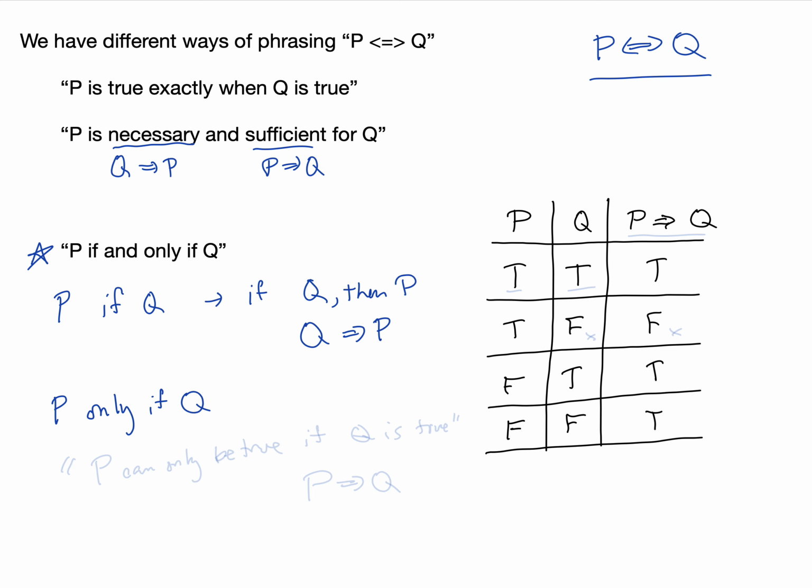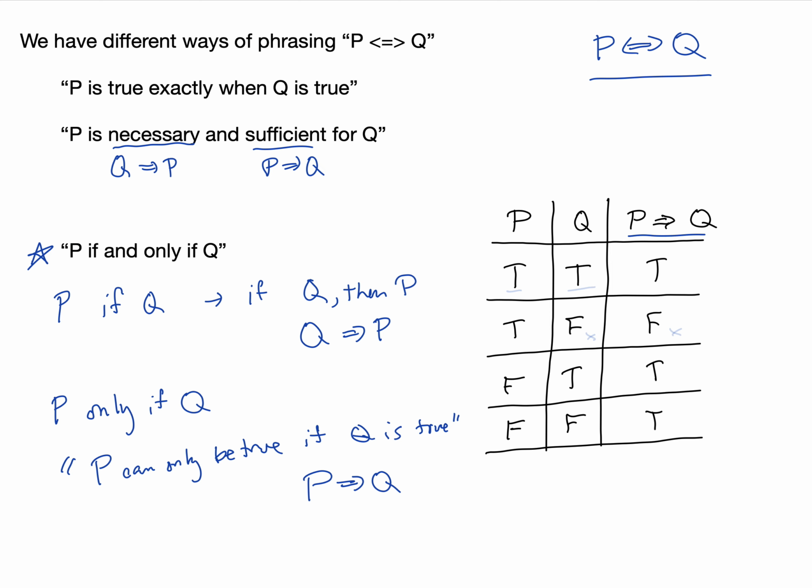P only if Q, that is, if we break down what that means, that's saying P can only be true if Q is true. So this is the P implies Q part. Why is that?